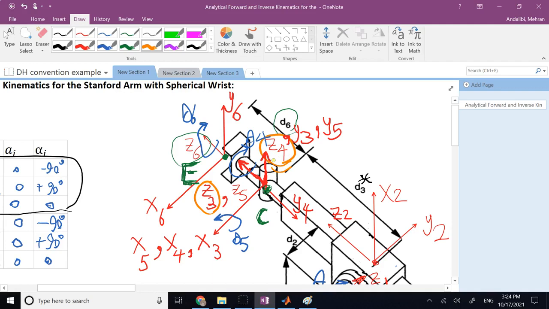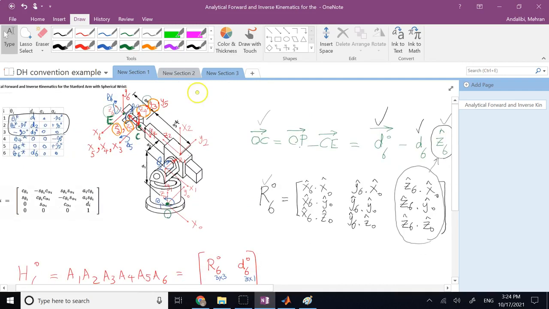And if you look at Z4, Z4 corresponds to what axis in frame 3? To Y3. And then the next one is about Z5, and Z5 corresponds again to Z of 3. So your order of rotation, Z3, Z4, Z5, about which the last 3 joint variables are happening, correct? Remember, this is where theta 4 is happening about, this is where theta 5 is happening about, and this is where theta 6 is happening about.